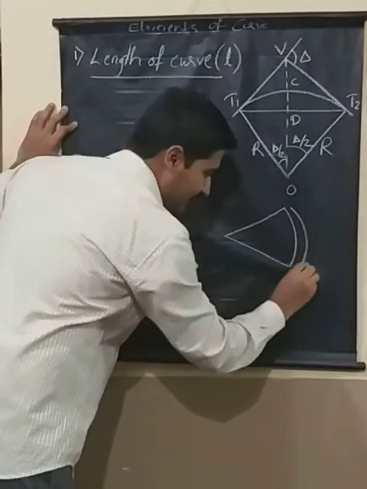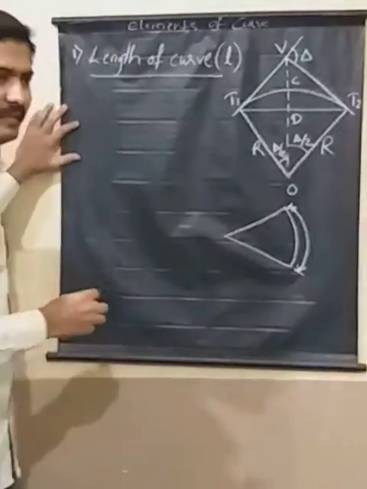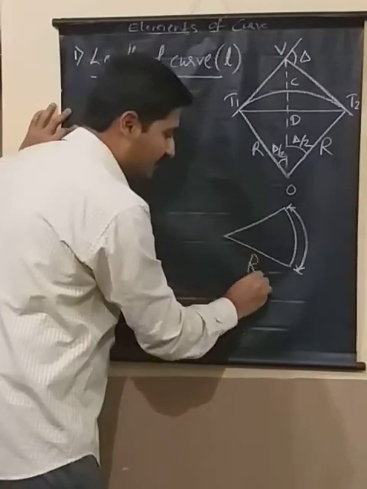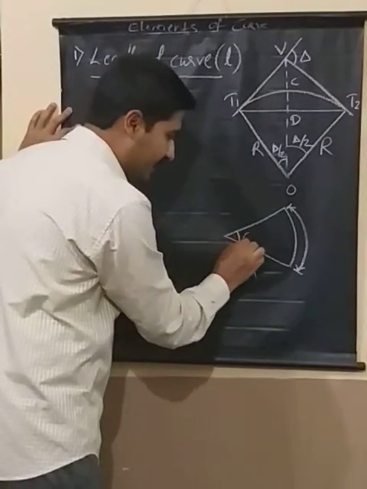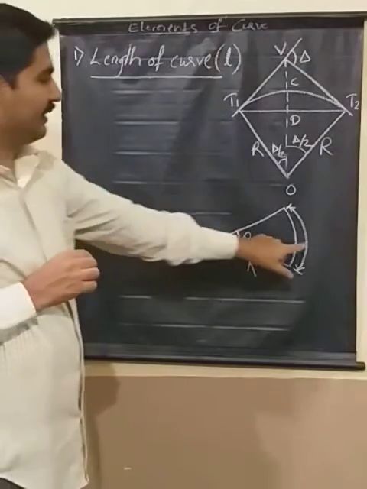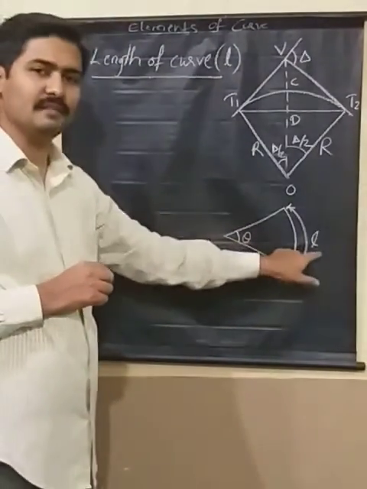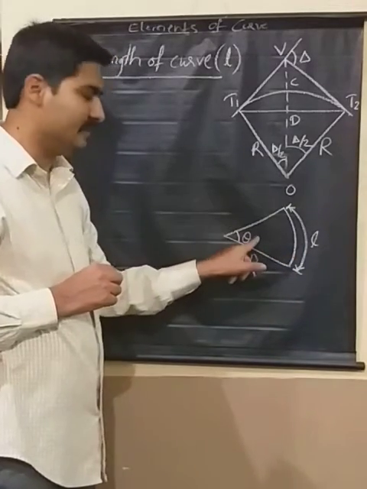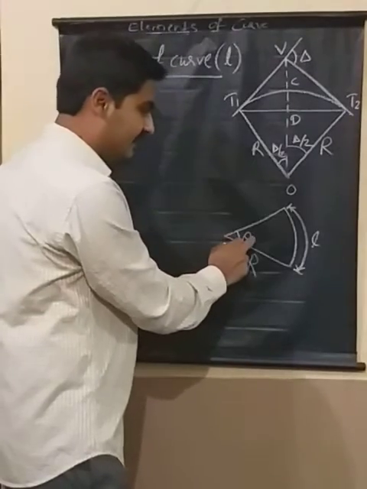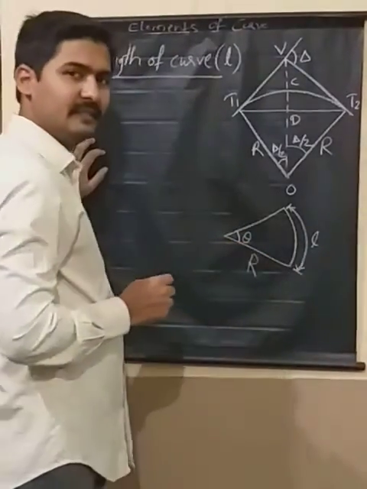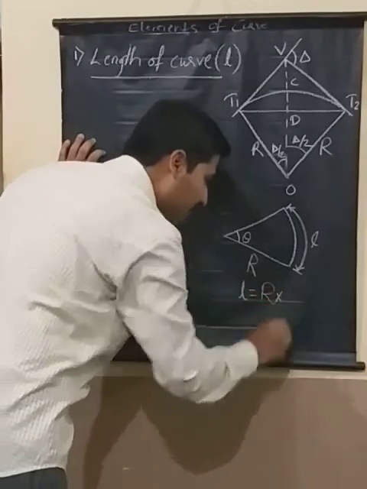If this is the length of the arc which I am supposed to find out, and I know the radius of the arc and the angle subtended at the center, then I can easily find the length of the arc. I get this by multiplying radius with the central angle. So L, that is length of arc, is equal to r into theta.